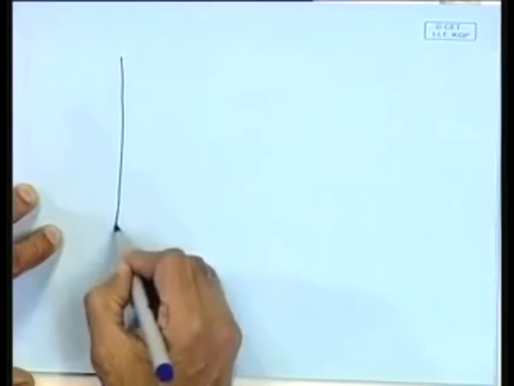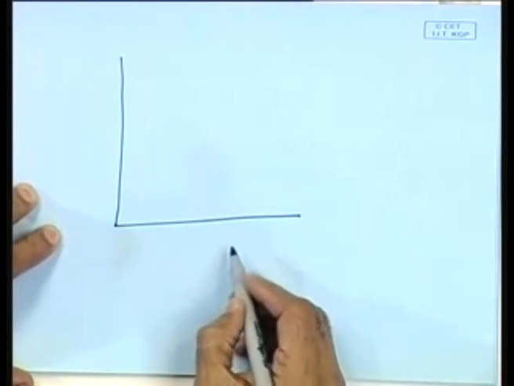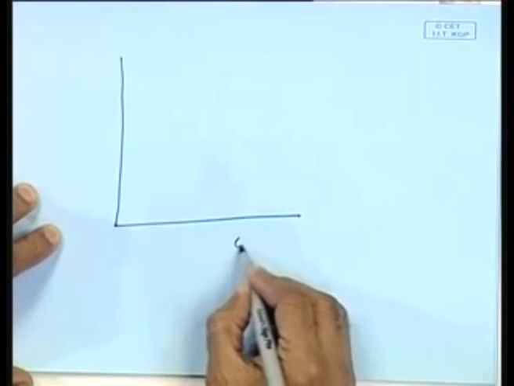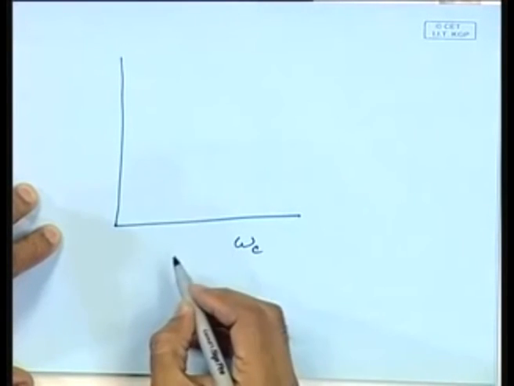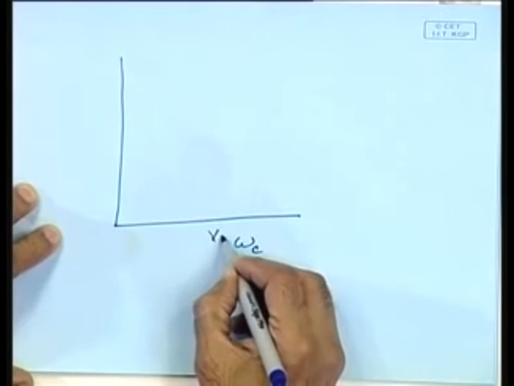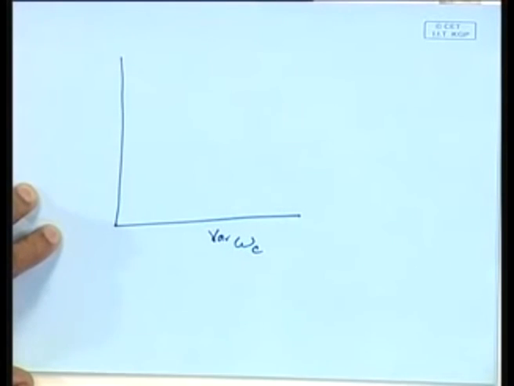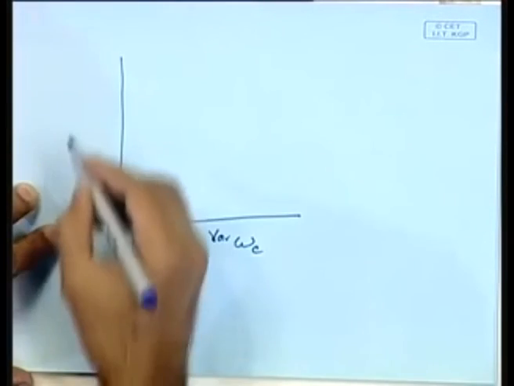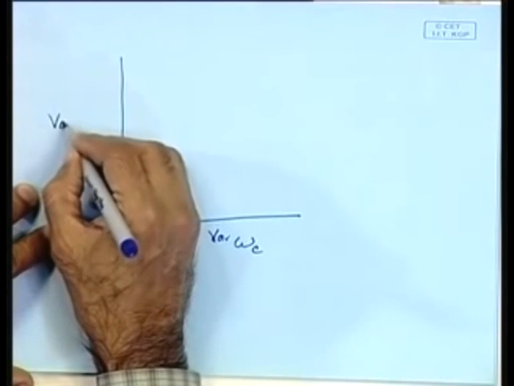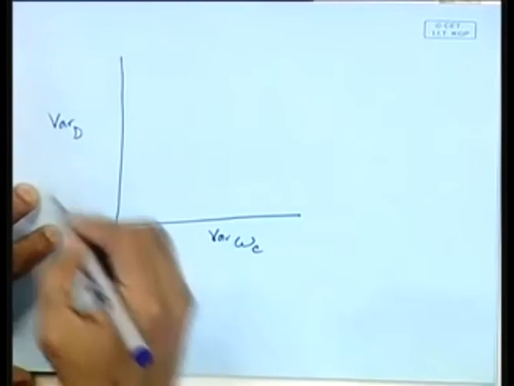Let's say I've got two objectives, and the objectives are given like this. I've got objective 1, and this could be, for example, not quite omega c, but the variance of omega c. Variance of omega c is one objective that you'd like to minimize, and this is variance of D, the deflection, which you'd also like to minimize.